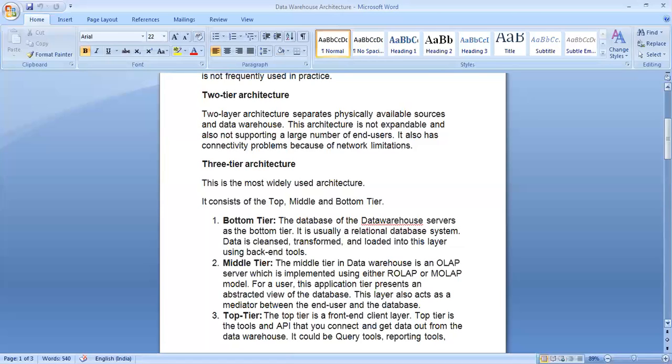In the second layer, there was a main change. In the middle layer there were OLAP servers. These OLAP servers, relational OLAP and MOLAP, divided the queries among different processors, like shared memory architecture, and they worked in parallel.